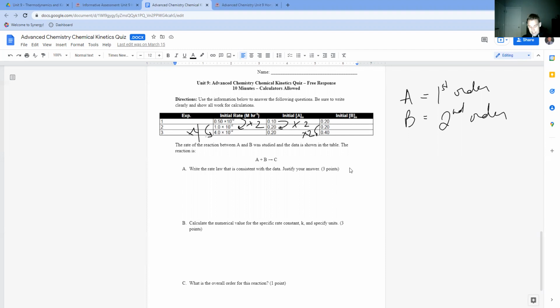So my explanation. Let's see if I can fit this in here. For A, in experiments 1 and 2, I'm going to write it over here. The concentration of B remains the same.